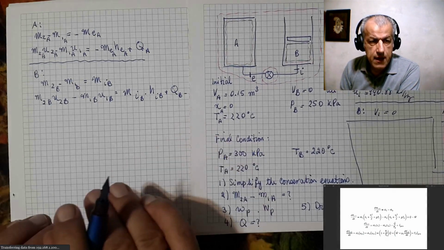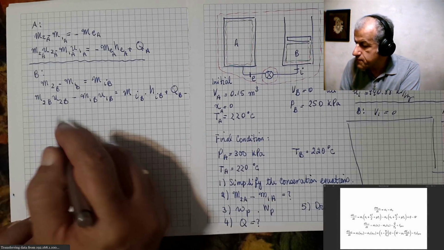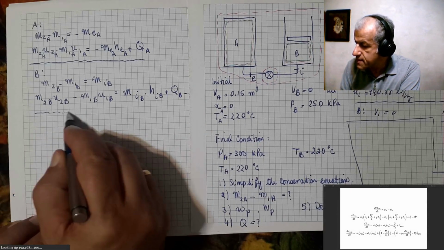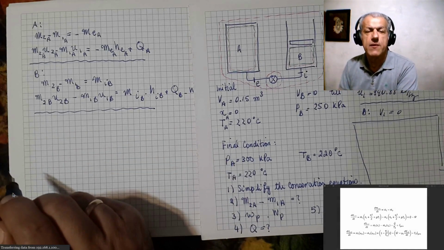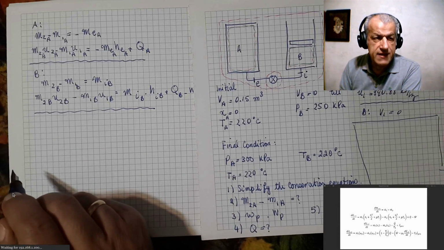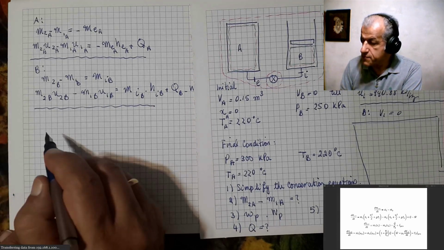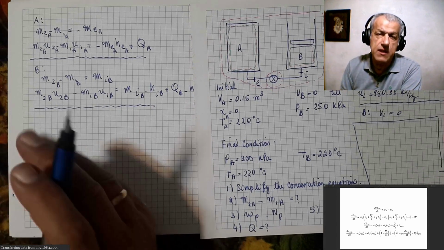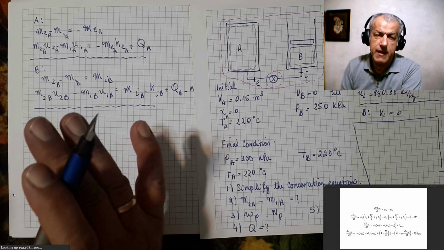Okay. Now the next set of equations you may write are for the valve. As for the valve, you see the valve initially has no mass in it, and finally also has no mass in it.